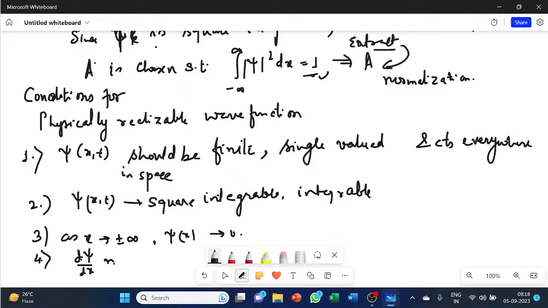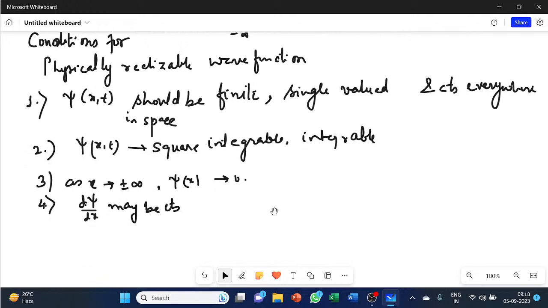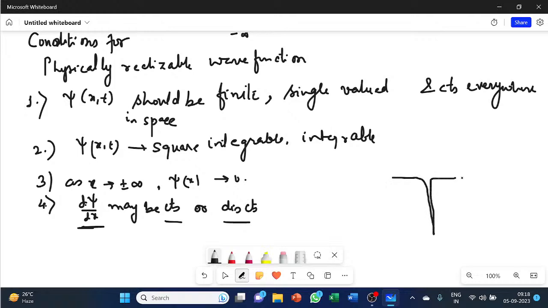It may be continuous, or may not be. We'll see that there are cases where d psi by dx is not continuous as well. This we'll see later on, but overall understand: if a particle is traveling somewhere in space and it encounters a Dirac delta potential, then d psi upon dx will bear a discontinuity.